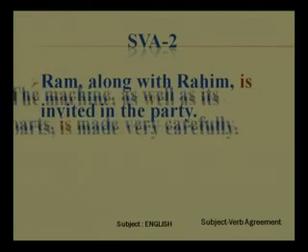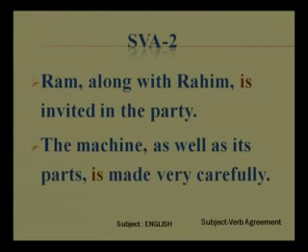You can see the next sentence. The machine as well as its parts is made very carefully. Now again you have confusion. Both the machine and its parts, spare parts, are made very carefully. But again we have used the word as well as.